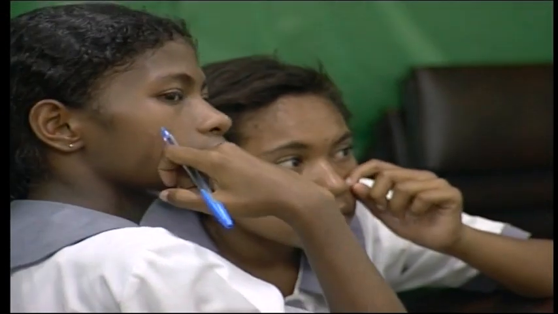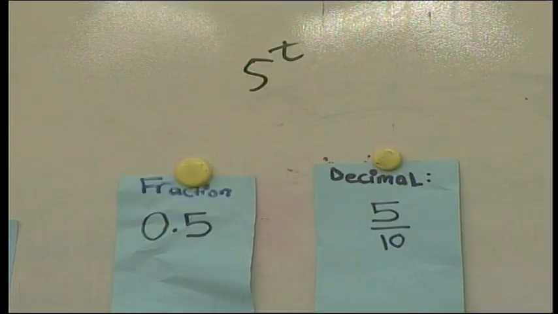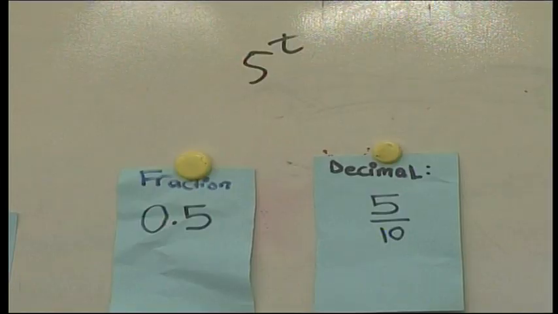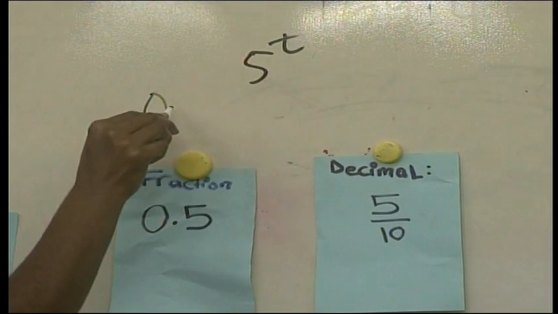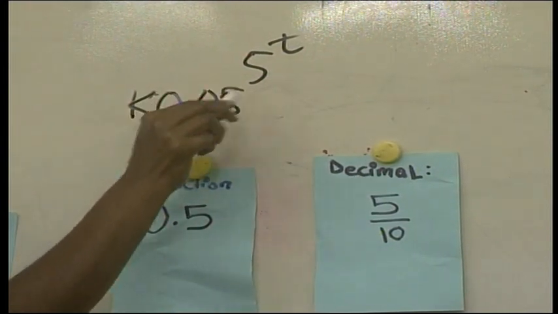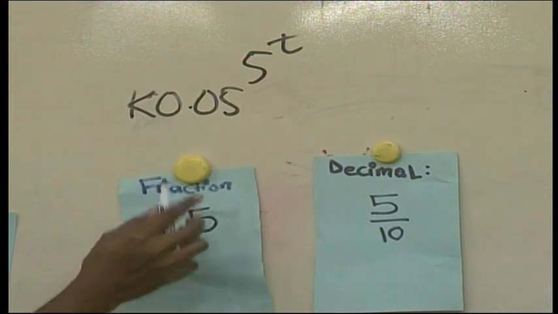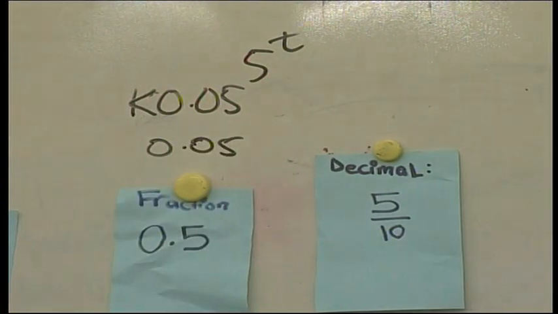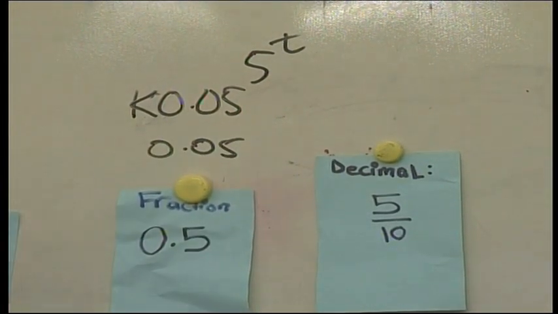Okay, it's a single toya, 5 toya. Okay, Clement? 0.05. Okay, did you hear what Clement said? 0.05. In other words, 5 toya would be 0.05. Okay, now let's look at 50 toya.